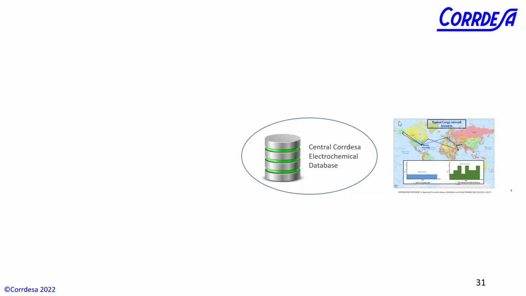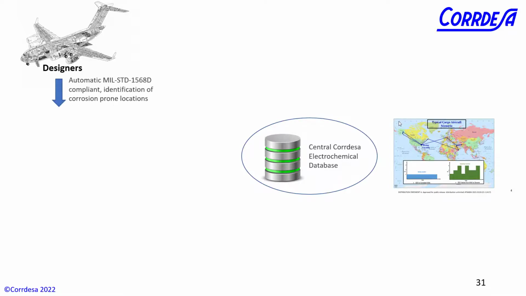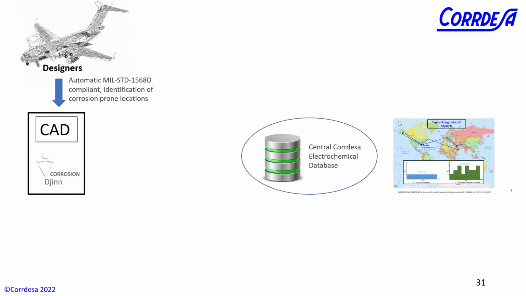So with these databases, if we're in OEM design, then we can just bring in the full 3D CAD, and at the push of a button, we can now automate the application of that MIL standard 1568D, where we find the corrosion-prone locations. We run it through the 3D CAD.